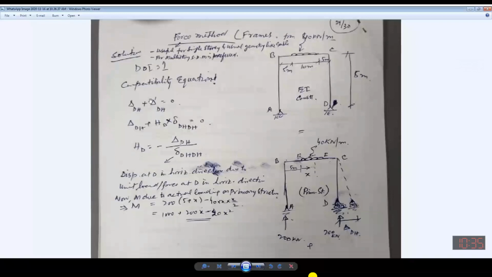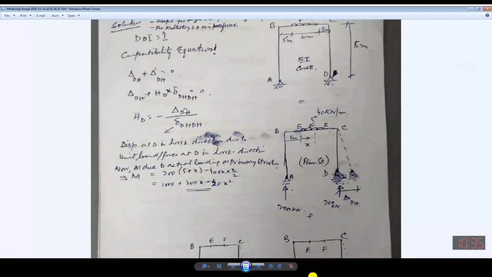I have told you that compatibility is the continuity at any support, at any joint. It means it is in contact with this support. This is the compatibility. So it should remain in contact with this support.